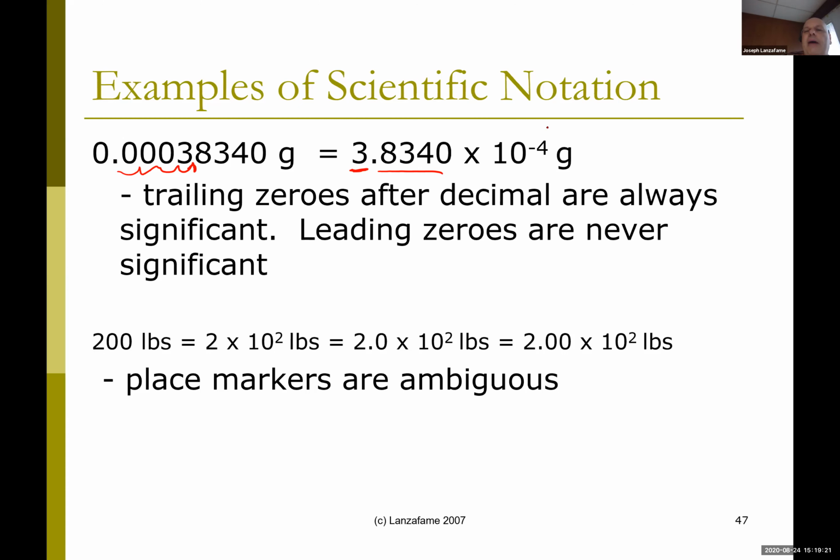And then my times 10 to the number tells me where the decimal point is. In this case, because I moved 1, 2, 3, 4 places to the right, it's 10 to the minus 4. In this case, with the 200, because I had moved 2 places to the left, it's times 10 to the plus 2. And so my powers of 10 are really just place markers to tell me where to put the decimal point.